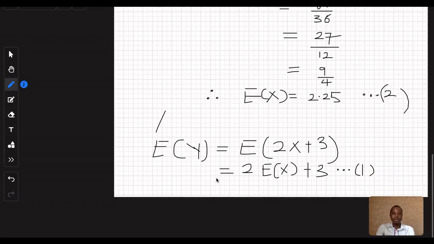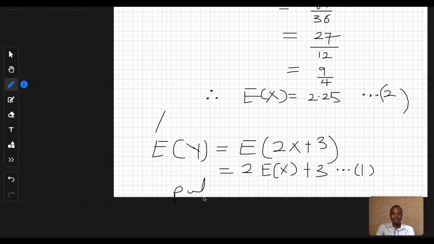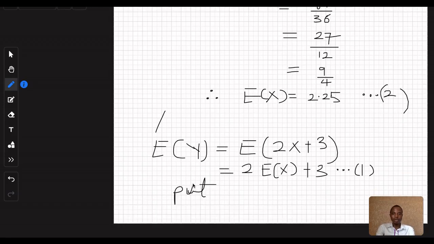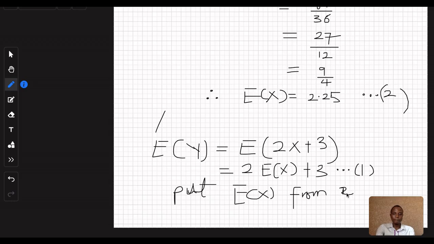So we put the value from equation 2 into 1.